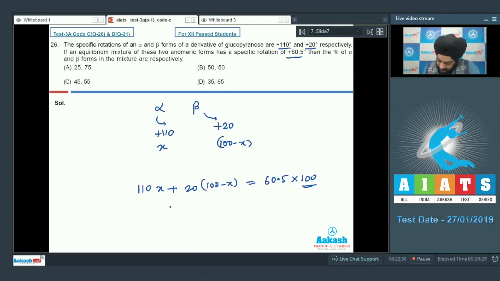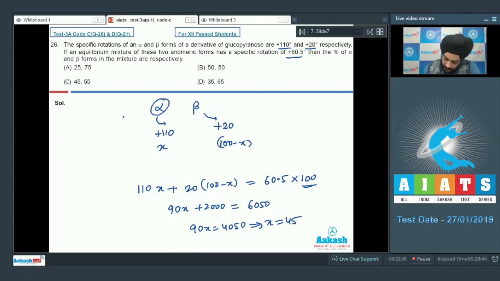If we simplify the expression, we have 90x plus 2000 giving us 6050. So we have 90x equal to 4050, which on solving gives us a value of x equal to 45. So the percentage of the alpha form is 45% and the percentage of the beta form is 55%. If you look at the options which are given to us, we have to mark option C as the correct answer to question number 26. Let us look at the next section.